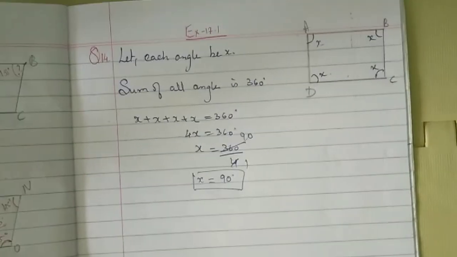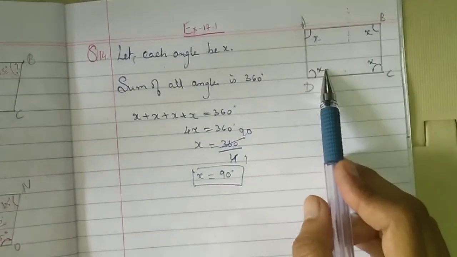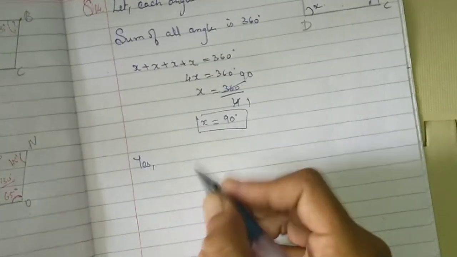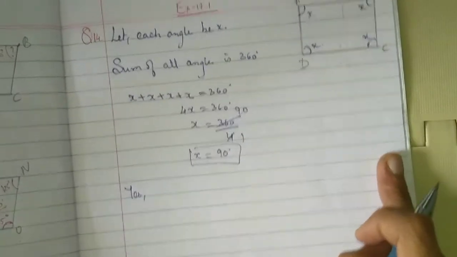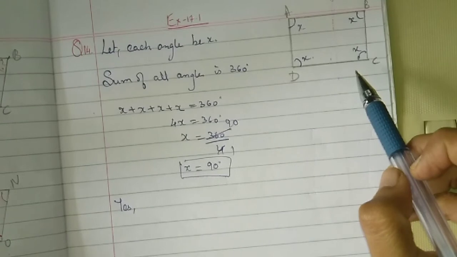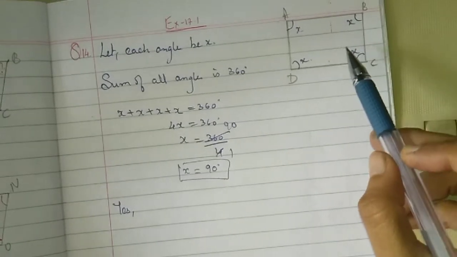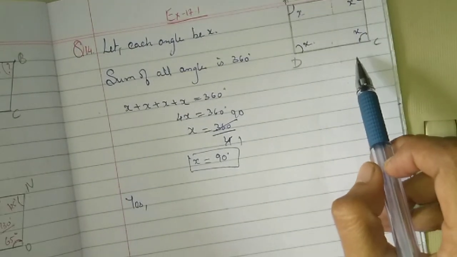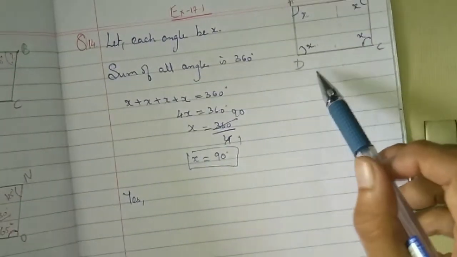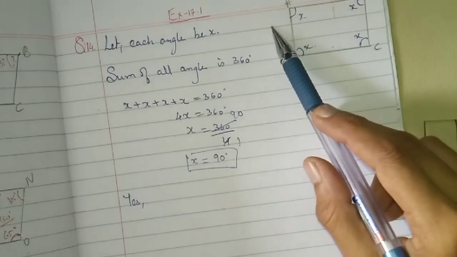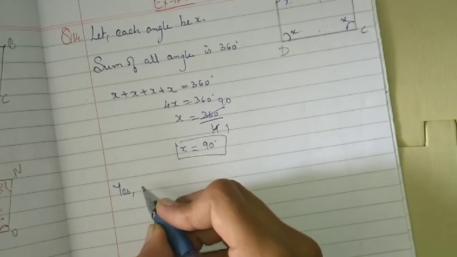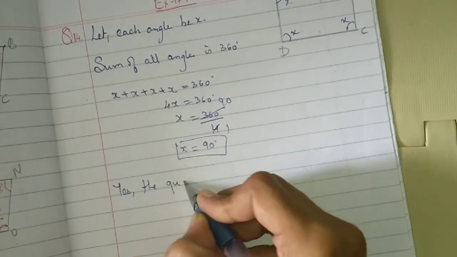So the second question is whether this quadrilateral is a parallelogram. So yes, the quadrilateral is a parallelogram. And the last question is which special type of parallelogram it is. So which type of parallelogram? It is a rectangle.